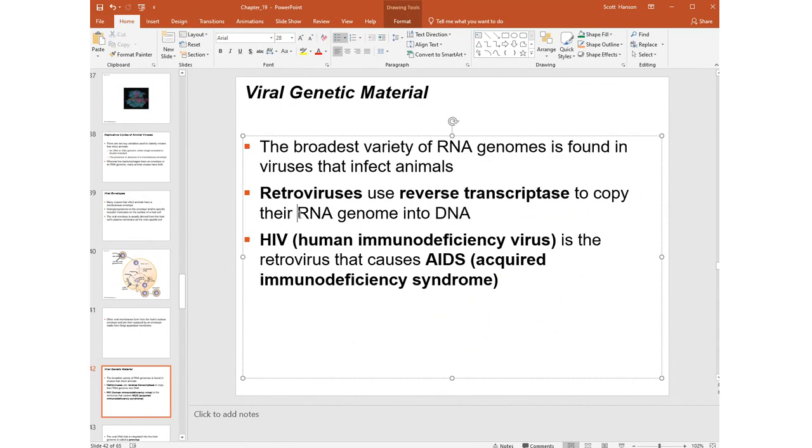So these viruses transform their RNA genome into a DNA genome by using their RNA genome as a template to make the new DNA molecule. And the reverse transcriptase enzymes do that. So, for example, the HIV virus, human immunodeficiency virus, is actually a retrovirus. And of course, it causes AIDS.